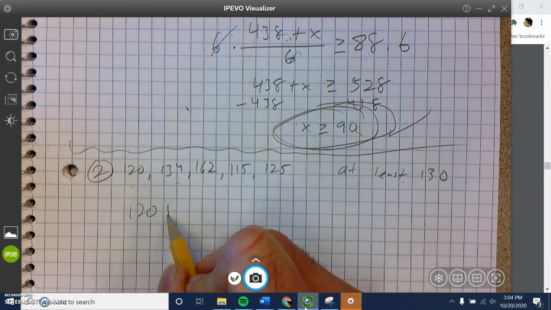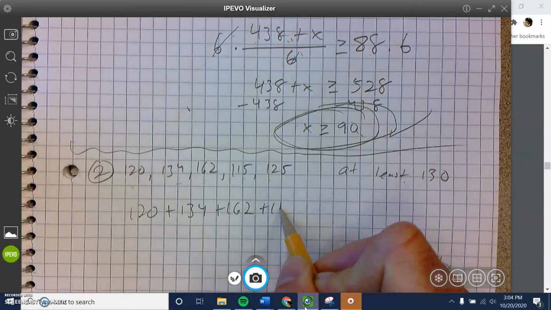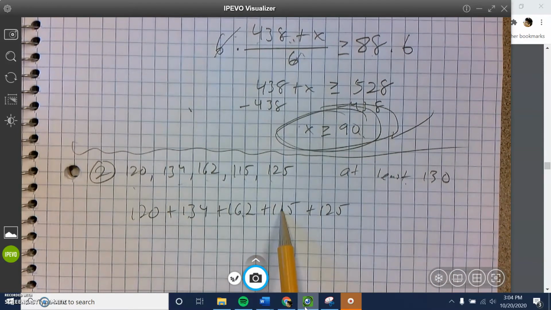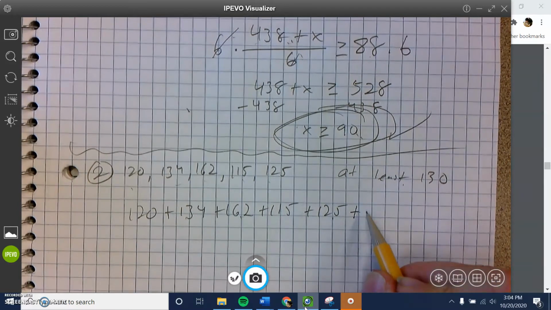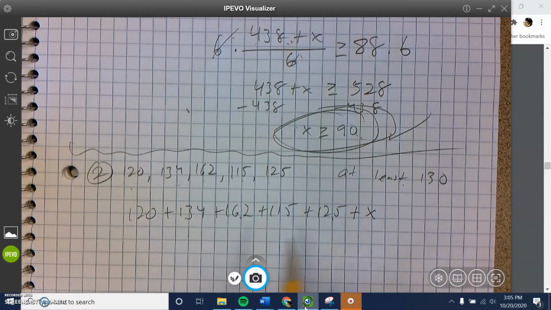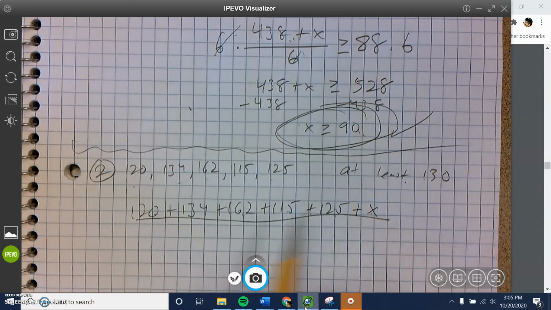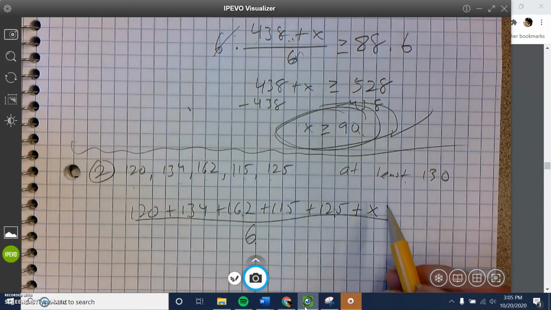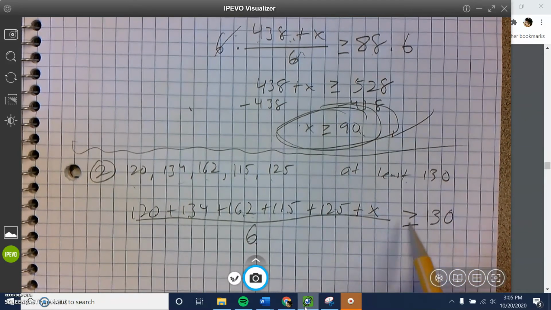So 120 plus 134 plus 162 plus 115 plus 125. There's 1, 2, 3, 4, 5 games already locked in, plus the next game, x, divided by 1, 2, 3, 4, 5, 6. I always count multiple times to make sure I'm not messing this up. So I need to divide by 6, is greater than or equal to 130.